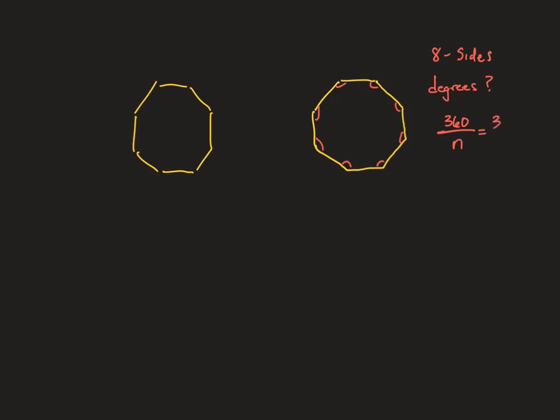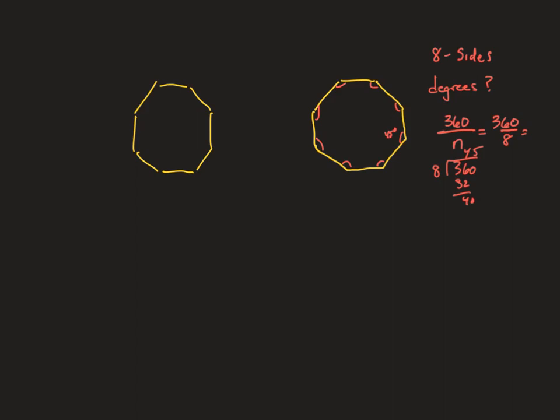That would give me 360 divided by 8, which is going to give me, let's just do it the long way, 45 degrees. So each one of these is going to be 45 degrees. If we know how many sides we have, we can figure out the angles.